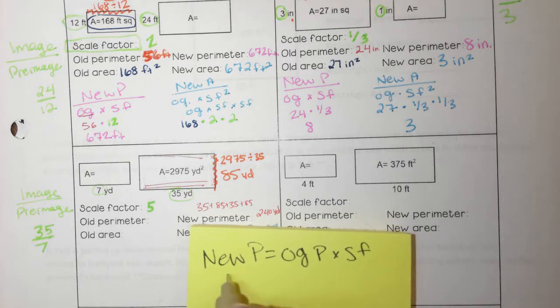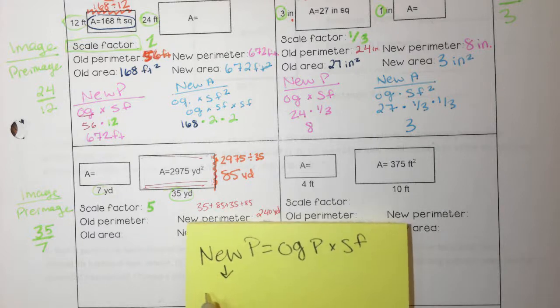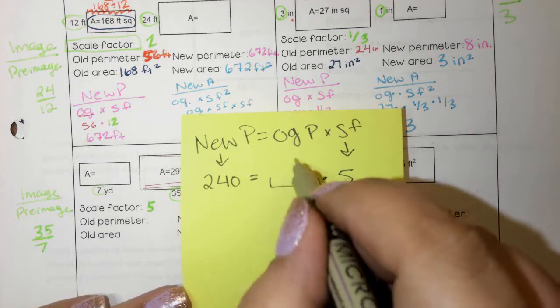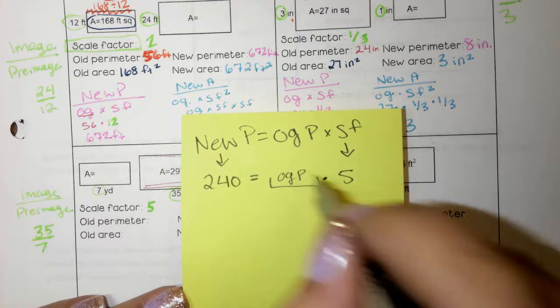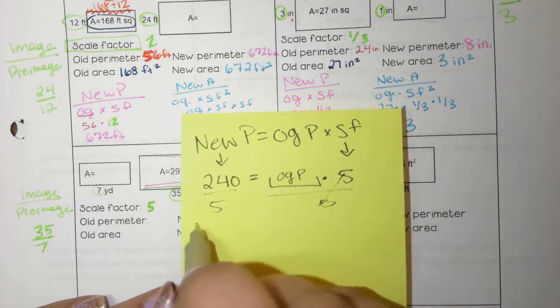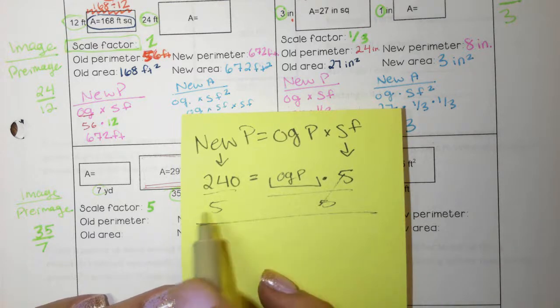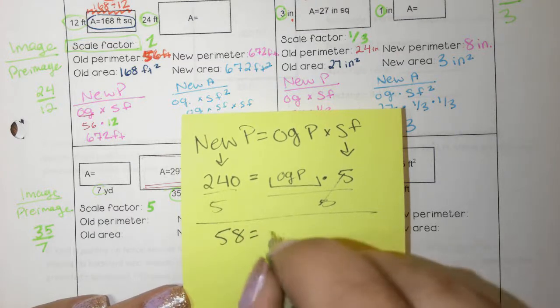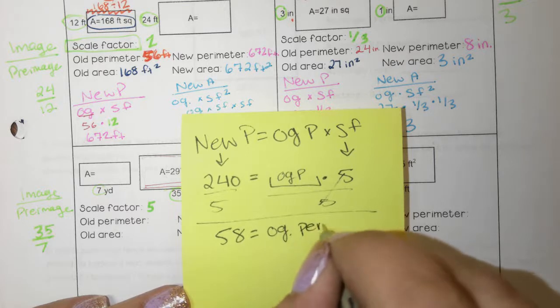Well, we know that the new perimeter is 240, and we know that the scale factor is 5. So we're using that same idea as when we found the missing side length. I have a missing number here in place of my original perimeter. I could divide both sides by 5 and solve for the original perimeter. That's 58. So 58 would be the original perimeter.